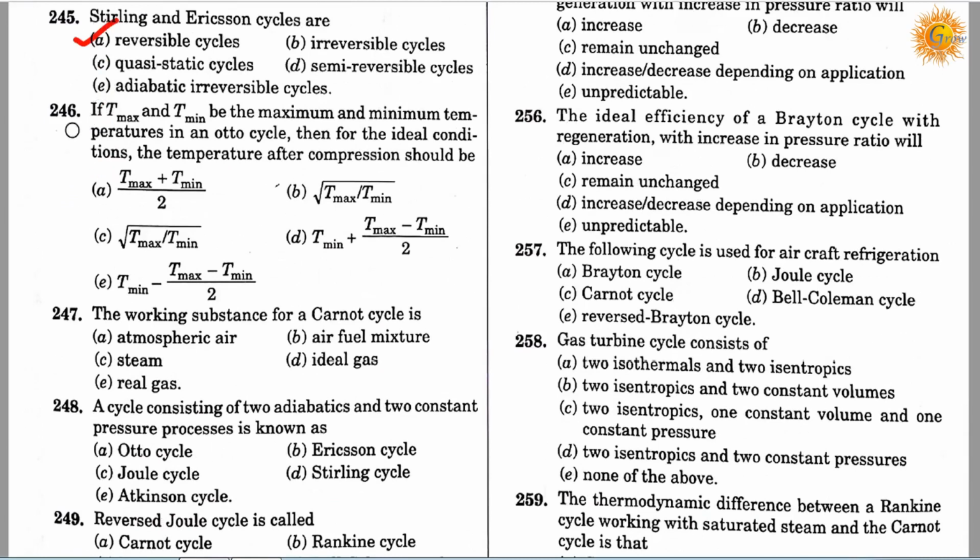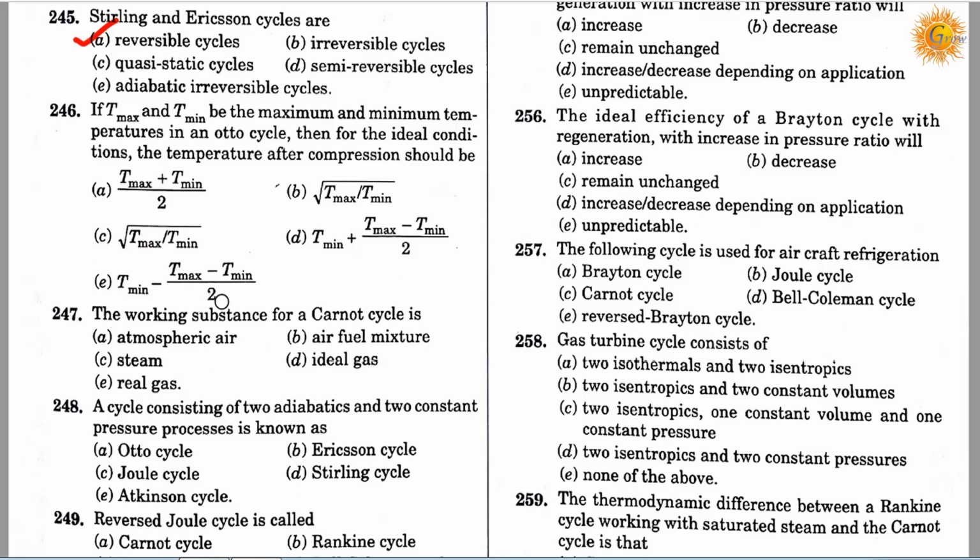Question number 246. If T max and T min are the maximum and minimum temperatures in an Otto cycle, then for the ideal condition the temperature after compression should be: option A, (T max + T min)/2; option B, square root of T max upon T min; option C, square root of T max times T min; option D, T min + (T max - T min)/2; option E, T min - (T max - T min)/2.